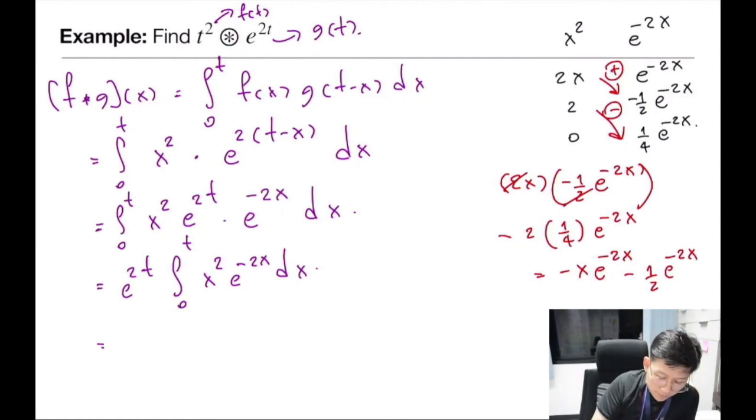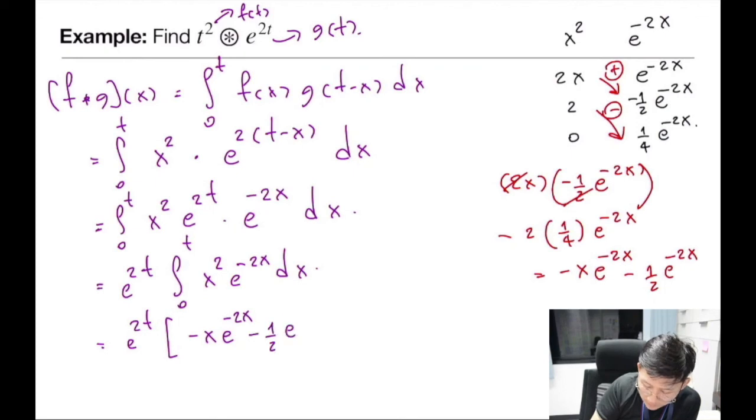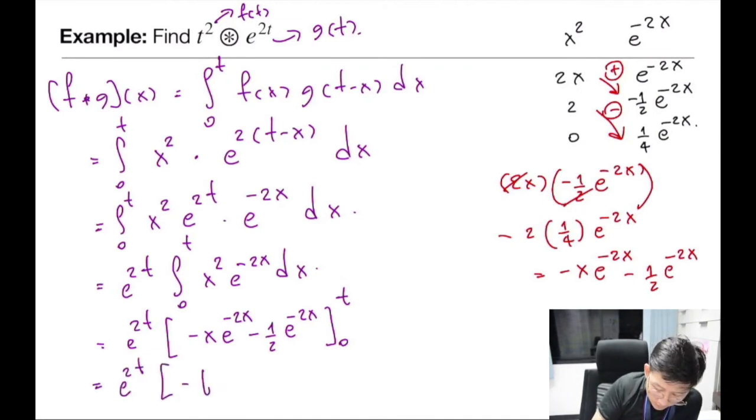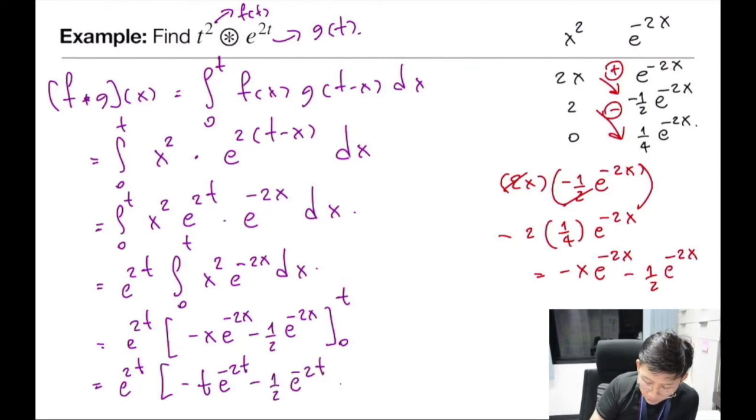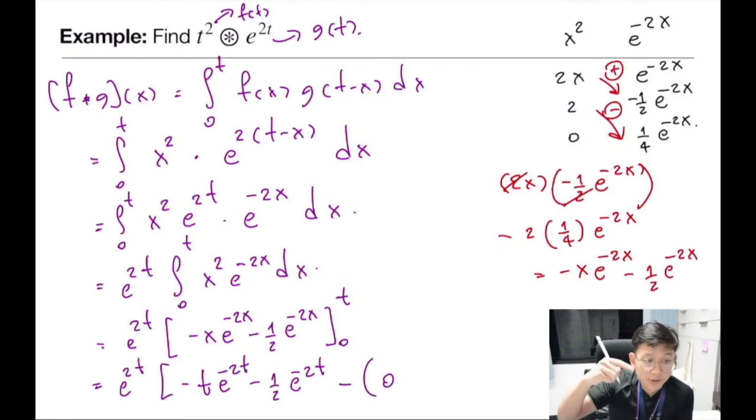So what we have is e to the 2t times bracket minus x e to the minus 2x minus 1/2 e to the minus 2x, and then 0 to t. Okay, so we have e to the 2t. If you put t, you get minus t e to the minus 2t minus 1/2 e to the minus 2t, and then you put 0 and subtract. 0 times e to the minus 2x will be 0, right?